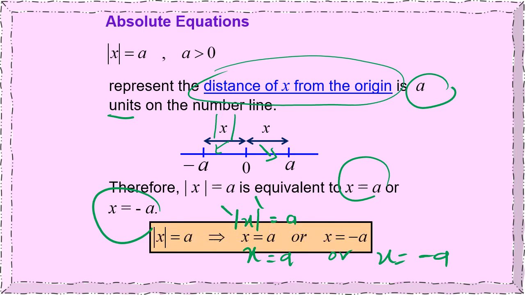Okay, so this is what we call the definition of absolute equation. So absolute of x equal to a can be defined as x equal to a or x equal to negative a. You have to take note of this definition of absolute equation.